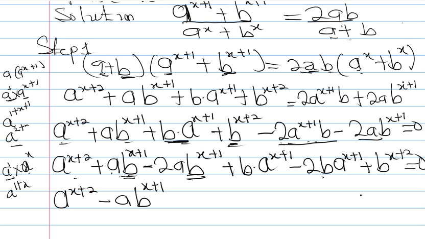So we are done with this. The next thing here is we also have this value here. You have this one also, minus, we have b, so b minus 2b, this one will be minus b times a^(x+1) plus b^(x+2). So we are done with this one as well.